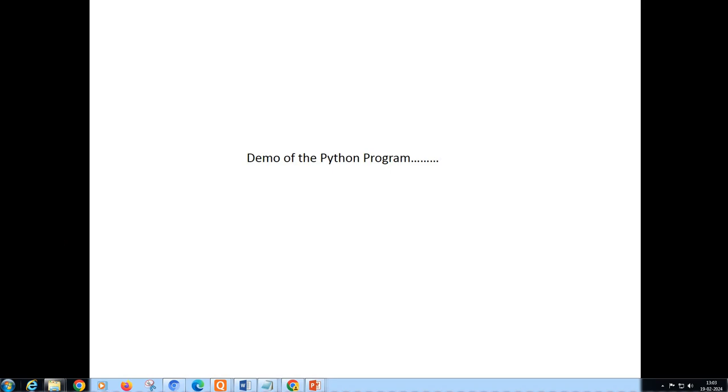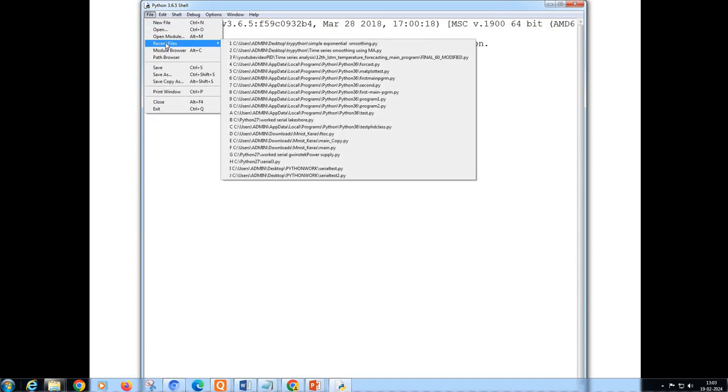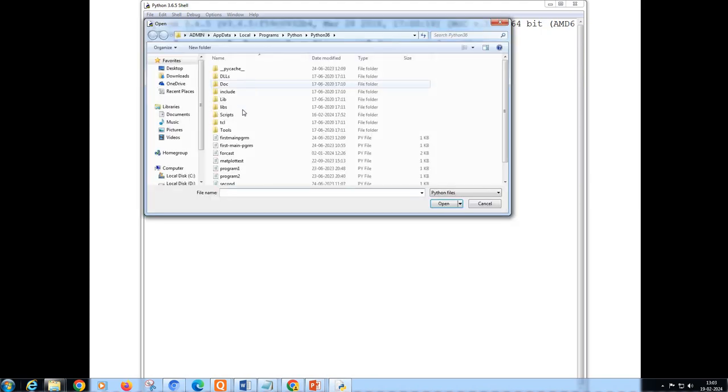So I am just opening Python, and this computer is a bit slow, please excuse me for this, and I am opening a file which is the exact example of this.